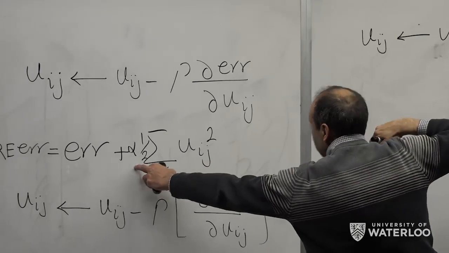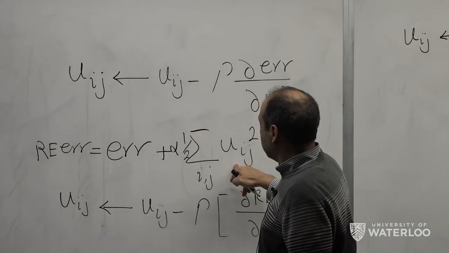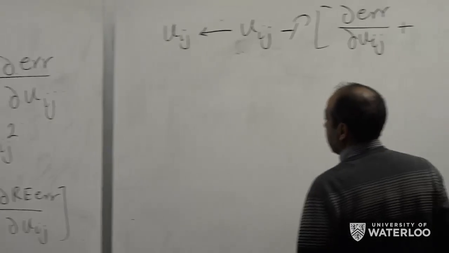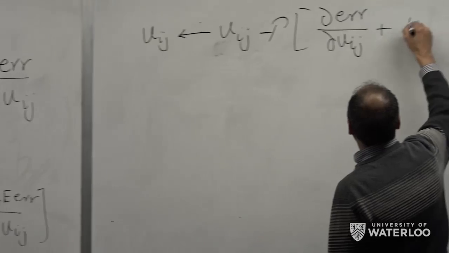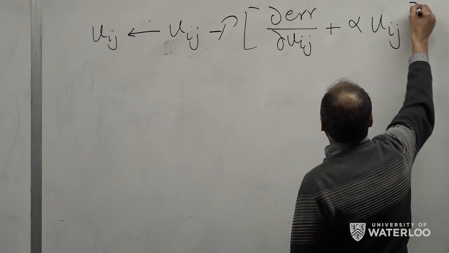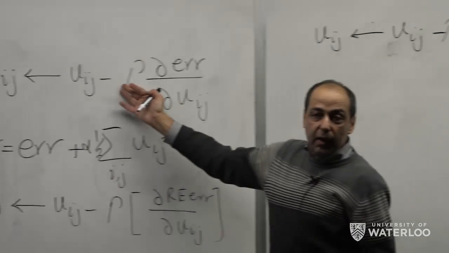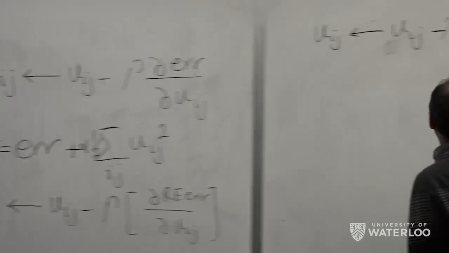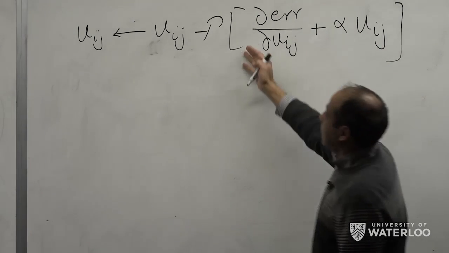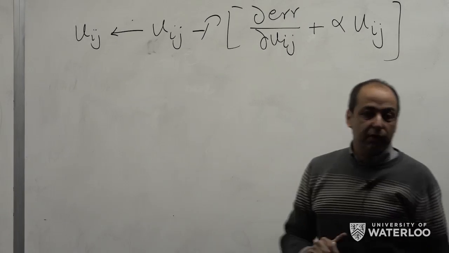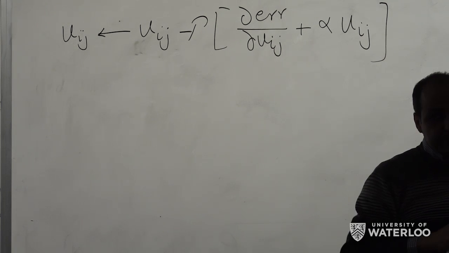But I have an additional term, plus the derivative of this with respect to Uij, which is going to be 2 alpha Uij. This 2 will be canceled with this one. So it's just alpha Uij. So everything is similar to the update formula that we had before, except that I'm going to add alpha times Uij to this before subtracting this from Uij. This is called weight decay. It doesn't let weights get so large.